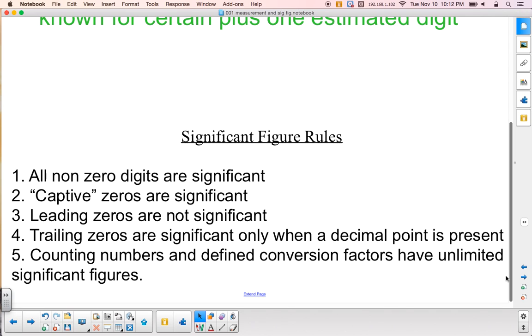And our last rule is that counting numbers and defined conversion factors have unlimited significant figures. This is because when we count things as individual items, or when things are defined relative to one another, there's no uncertainty in that situation, and therefore we have an unlimited number of significant digits in the measurement or the conversion factor. Let's look now at some examples of each of these rules.